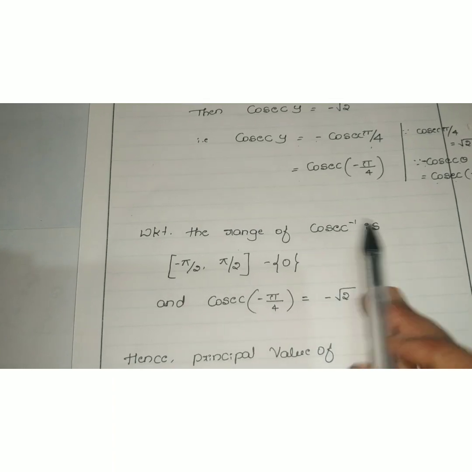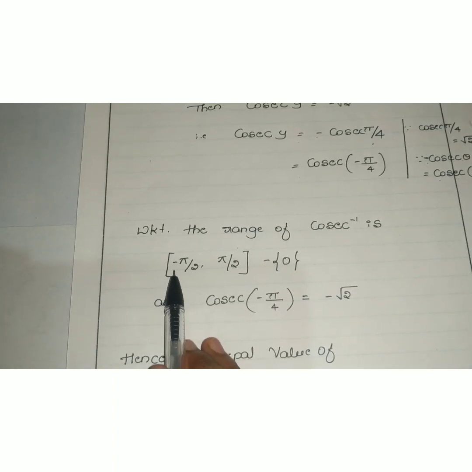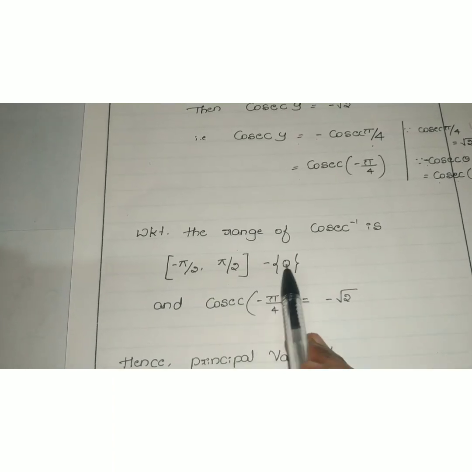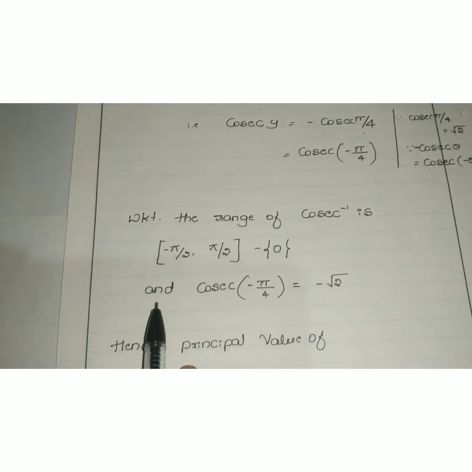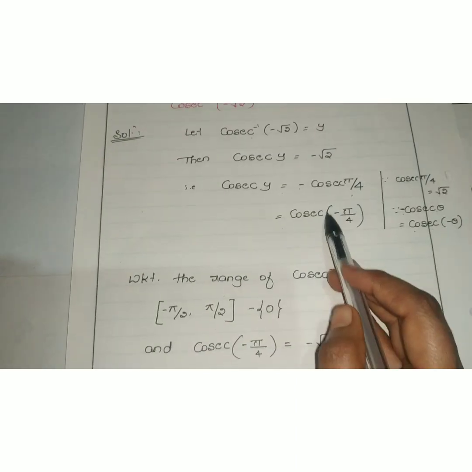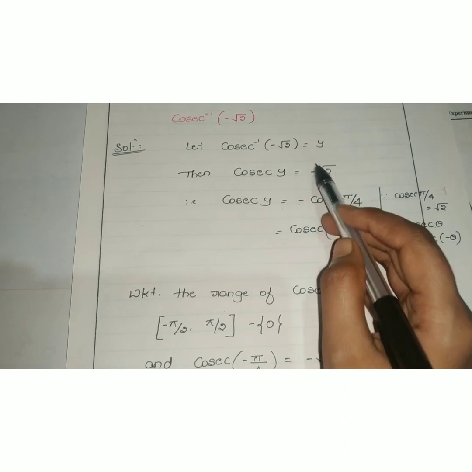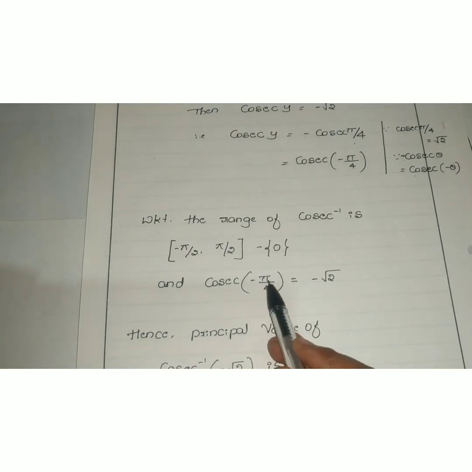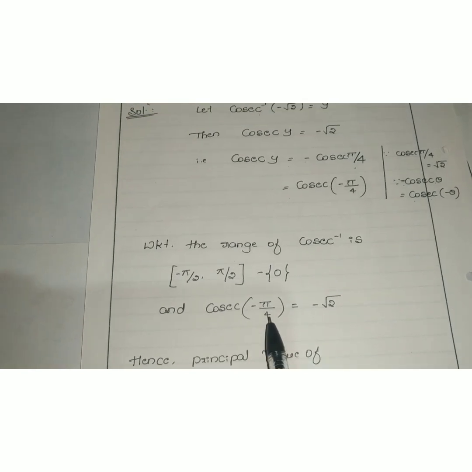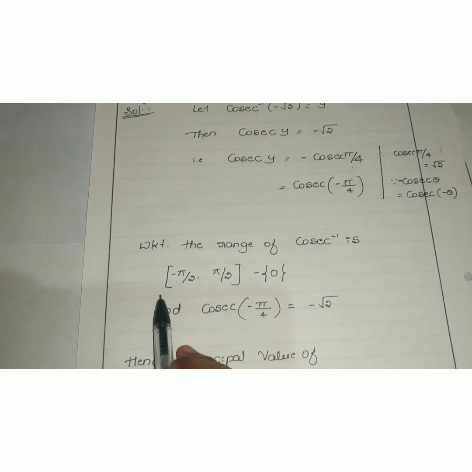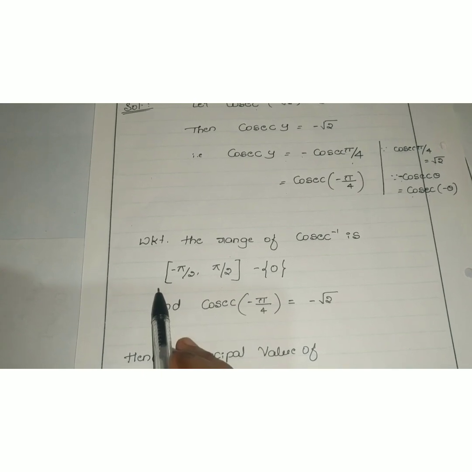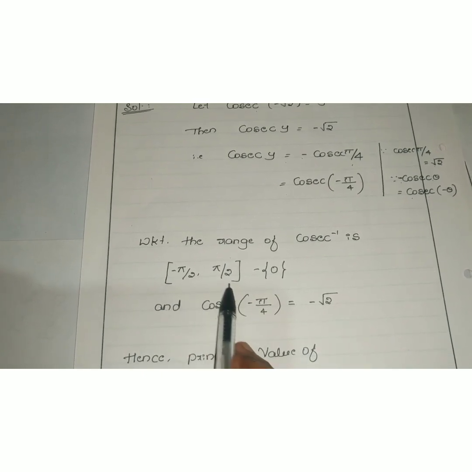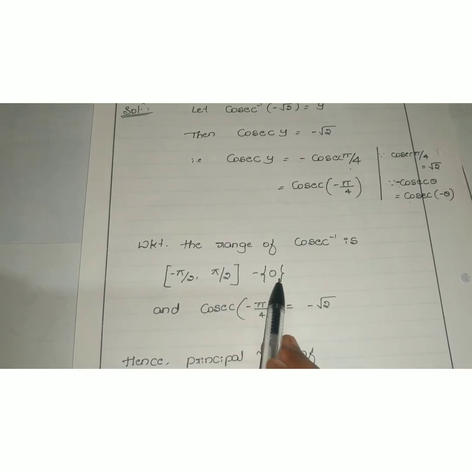We know that the range of cosec inverse is the closed interval minus pi by 2 to pi by 2 except 0, and cosec of minus pi by 4 value is minus root 2, and minus pi by 4 means minus 45 degrees. Minus 45 degrees lies in the closed interval minus pi by 2 to pi by 2 except 0.